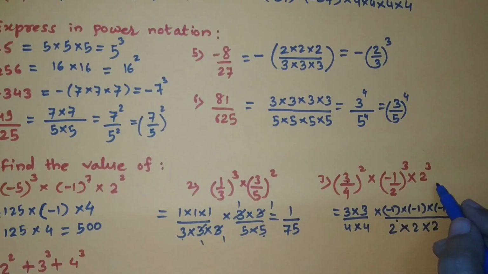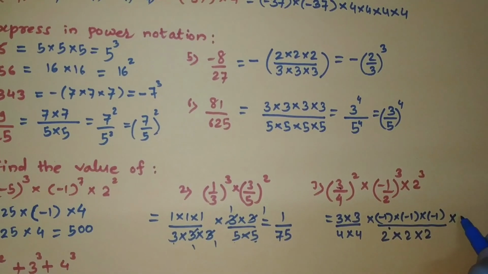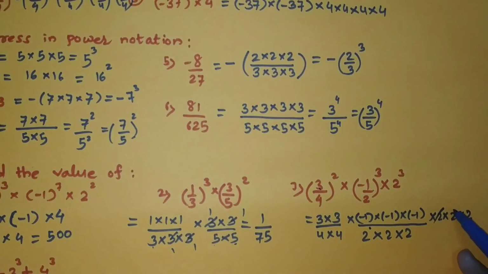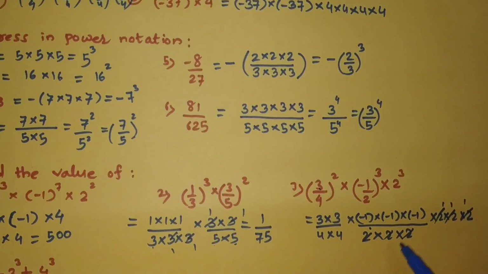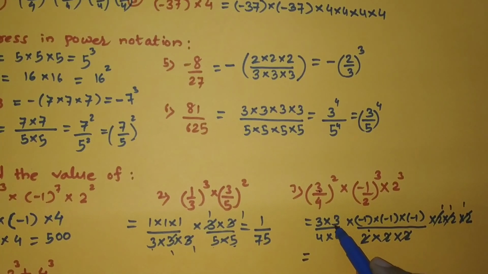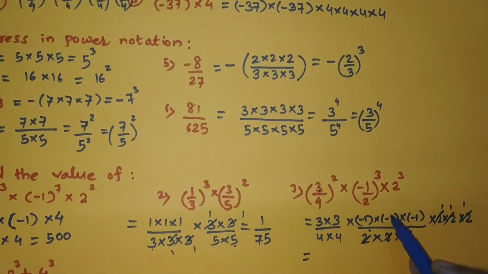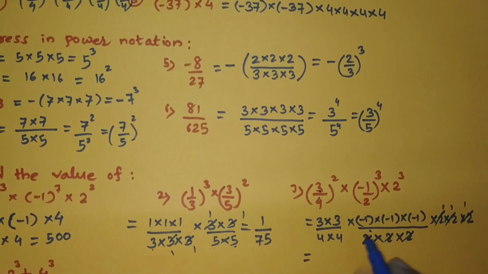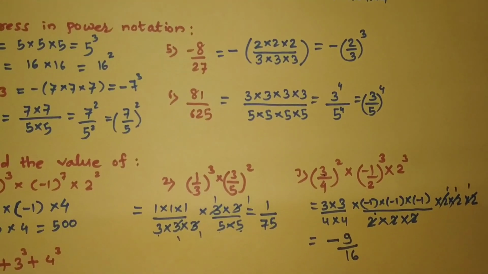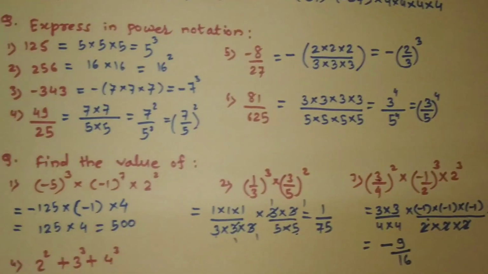And this 2 cube, again you can write, friends, 2 into 2 into 2. And friends, you can simply cut these three 2s with these three 2s. And what you have left here? 3 threes are 9. And here minus 1 is multiplied 3 times, so the negative sign will come. Minus of 9, divided by 4 fours are 16. So this is minus 9 by 16.